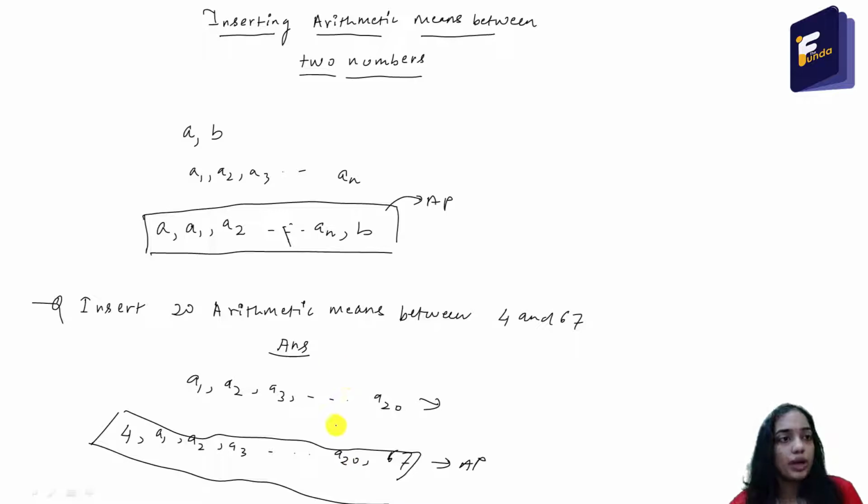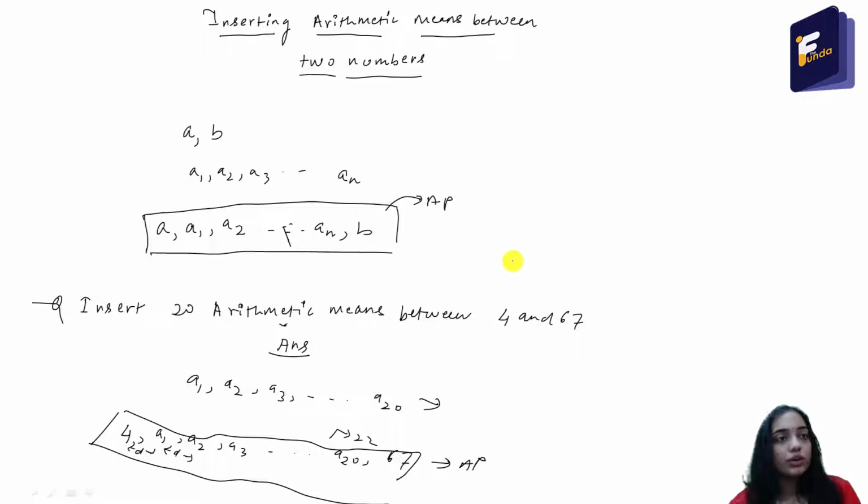So total 22 terms. For finding A1, A2, A3 up to A20, we need the common difference of this whole AP. Let's say the common difference between 4 and A1 is D, and between the others is D also.